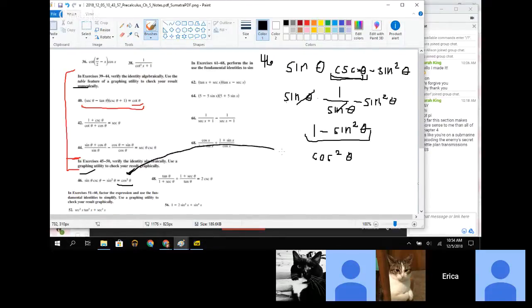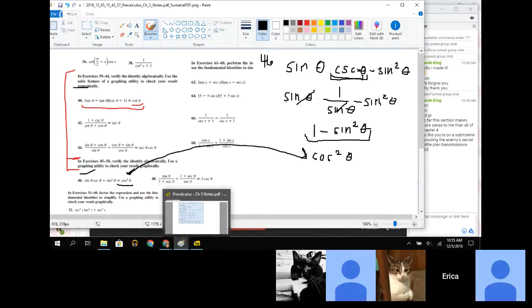So now we proved that they equal each other. Okay? So I know it's a lot of detail stuff, but it's really just playing with the equations, trying to come up with a different way of writing the same thing.